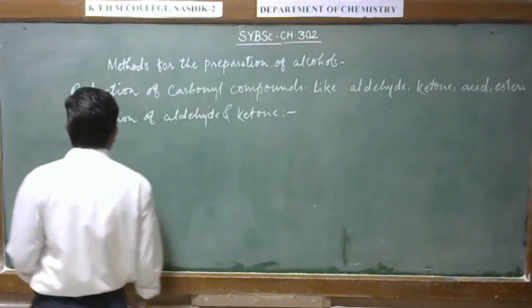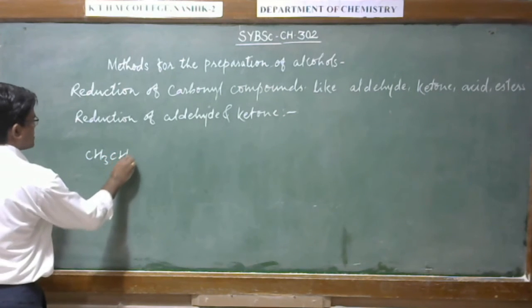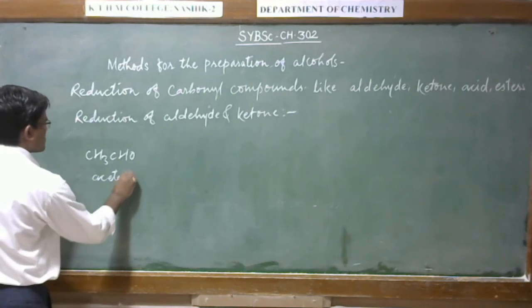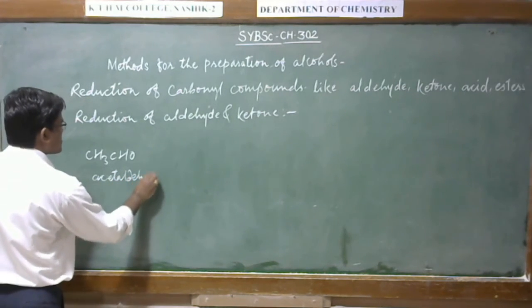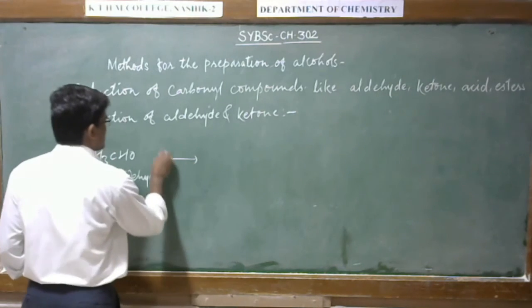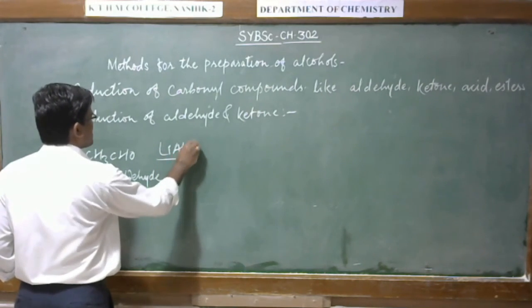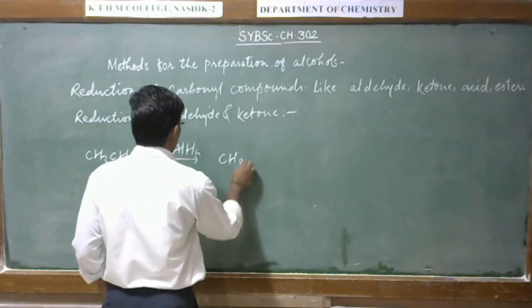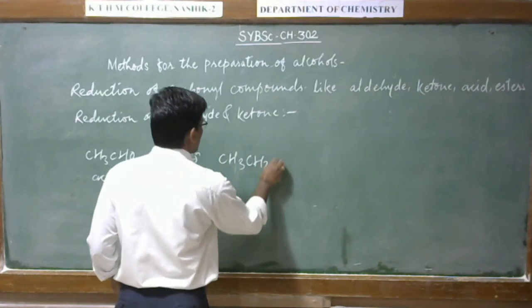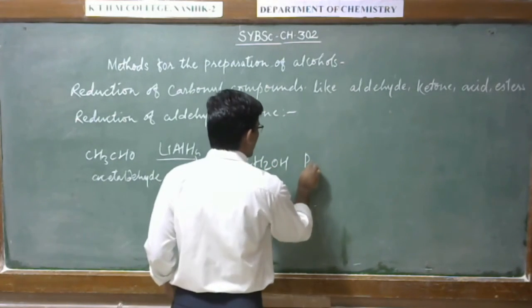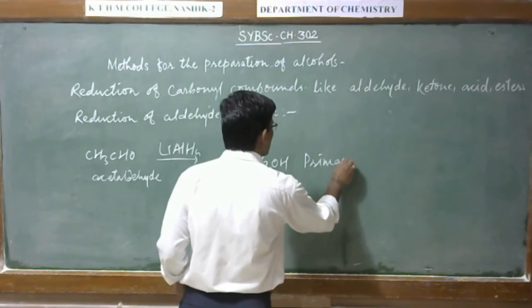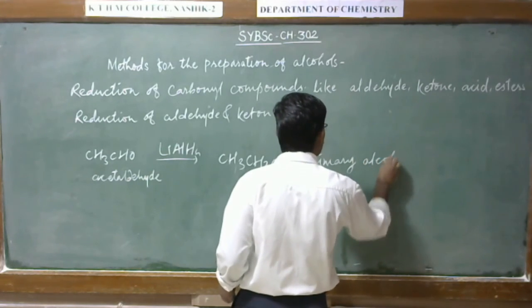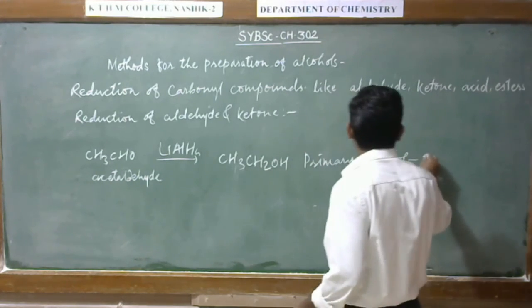So when you have this acetaldehyde and you react with lithium aluminum hydride, it will give primary alcohol. So that is ethyl alcohol.